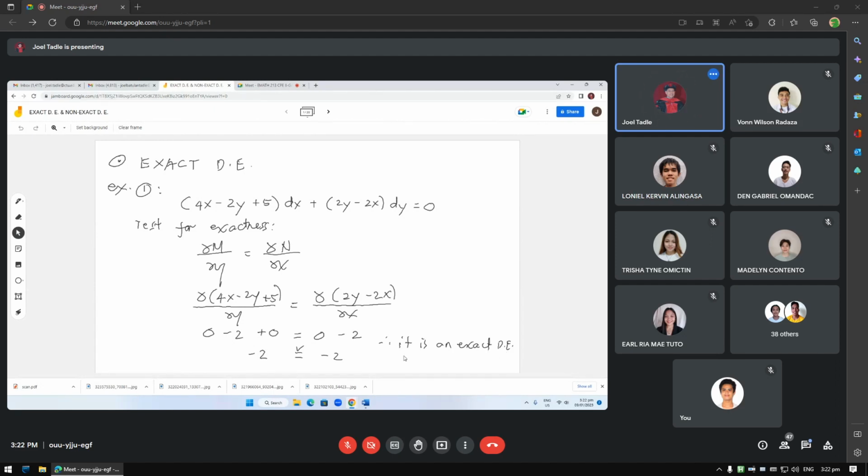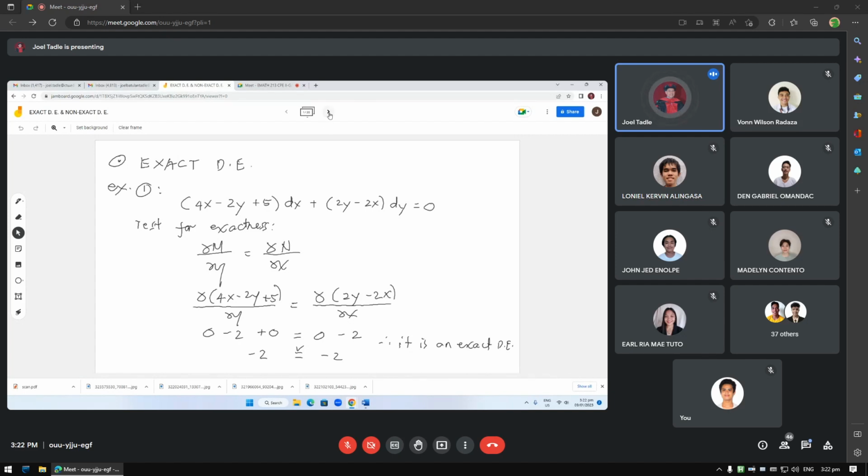Now, so kung exact na siya, na-confirm na gito nga exact, mo proceed na sa ato ang methods of solving exact differential equation. Katong first method, the long one, and the second method, the shorter one.